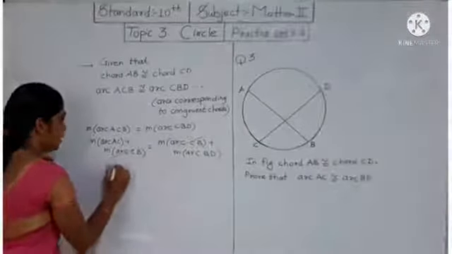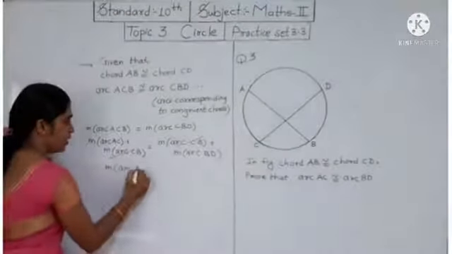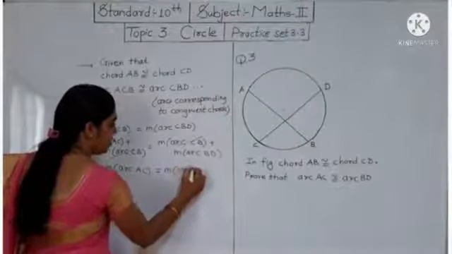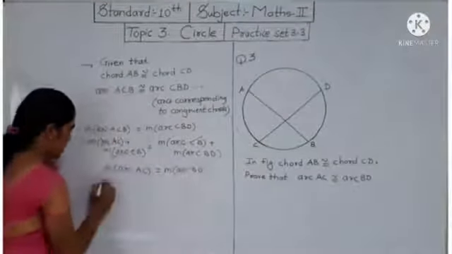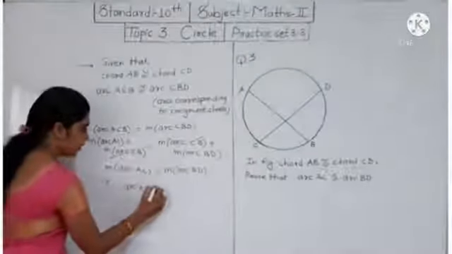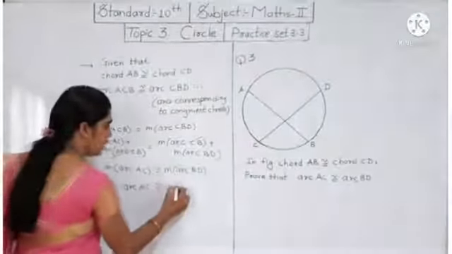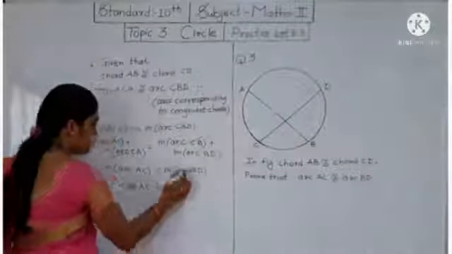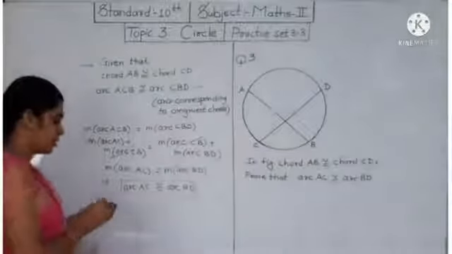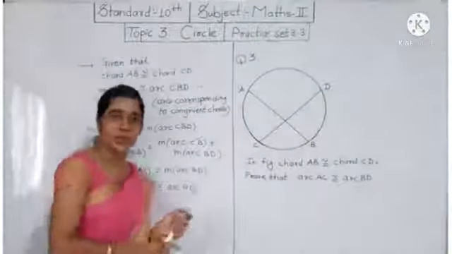Therefore we get arc AC is equal to arc BD. That is nothing but arc AC is congruent to arc BD. If the measures are the same, then the arcs are said to be congruent arcs. It is very simple. Okay.